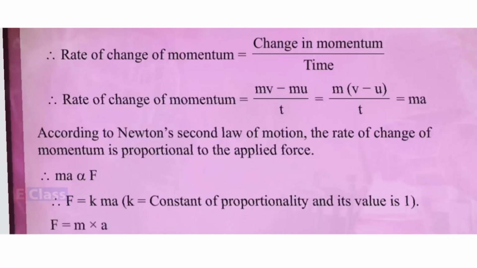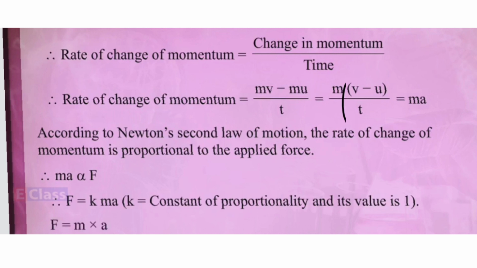So change in the momentum upon time, that is the rate of change of momentum, is (mv minus mu) upon t. Now we being math students, if something comes common, we are ready to take it. So we take m common from both of these. When you take m common, what do we get? m in the bracket (v minus u) upon t.